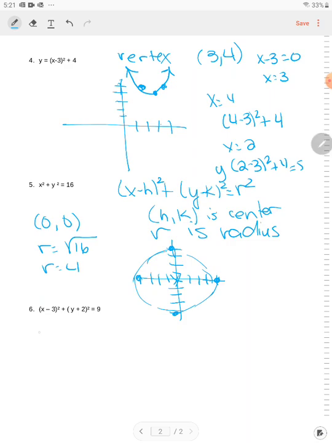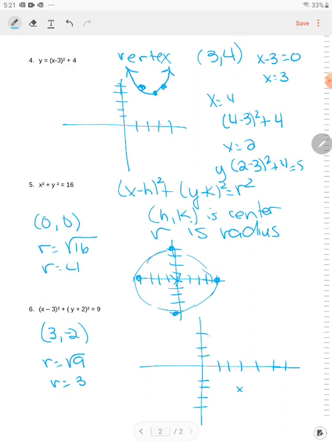Okay, so here on number 6, your center is (3, negative 2). Your radius is the square root of 9, which is 3. (3, negative 2). Okay, my center is there.